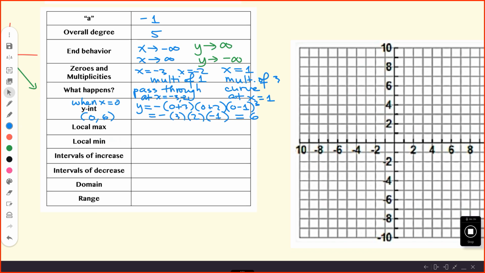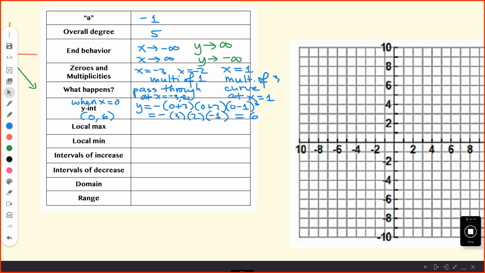Okay, then from this part, we're going to look at the graph. We can solve this using the calculus idea if we're not going to use the graph, but for now in math 3, don't worry about that. For the y-intercepts, like the exponent on the 0 minus 1, we do take that into account.